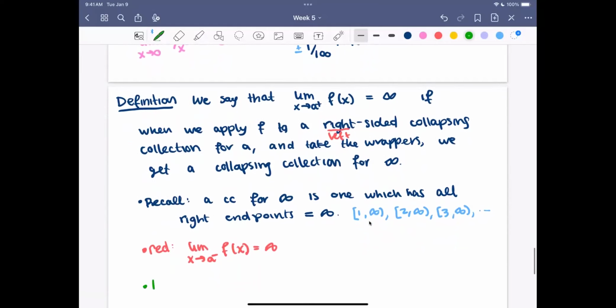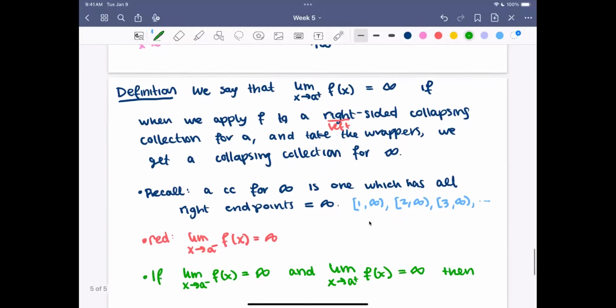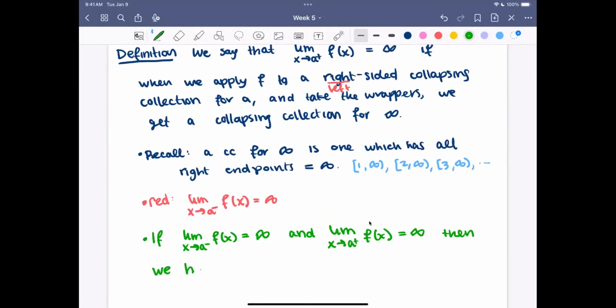So if the limit as x approaches a from the left of f of x equals infinity, and the limit as x approaches a from the right of f of x equals infinity, then we have just the plain limit as x approaches a of f of x equals infinity, just as you might expect.